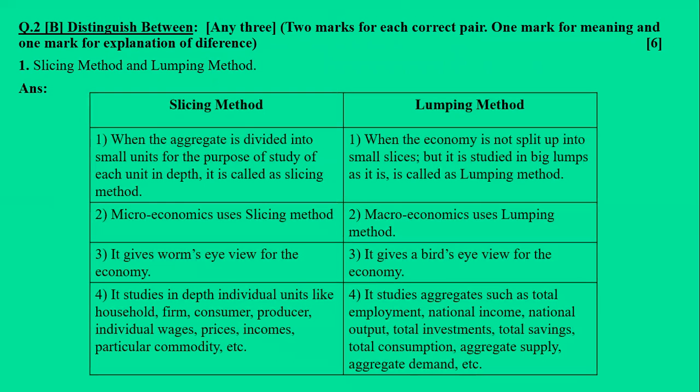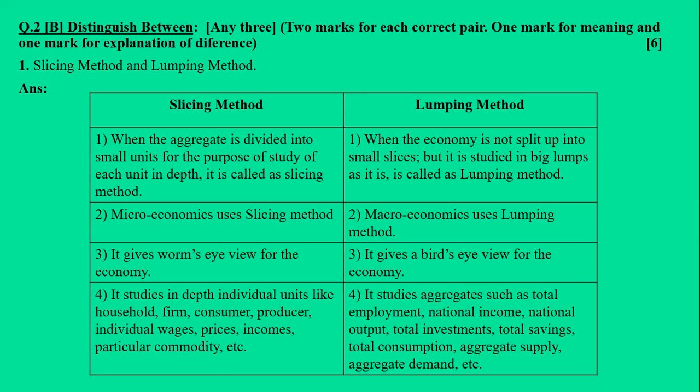Now, I said that I have given the sample answer of question number 1, slicing method and lumping method. Meaning of slicing method: when the aggregate is divided into small units for the purpose of study of each unit in depth, it is called slicing method.